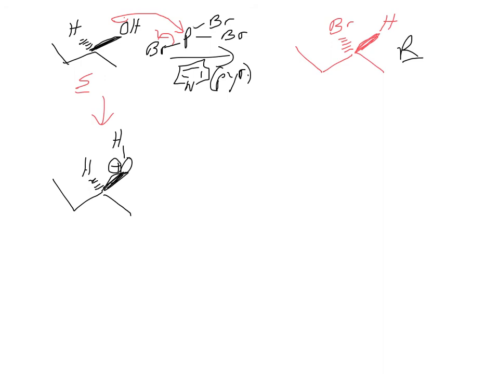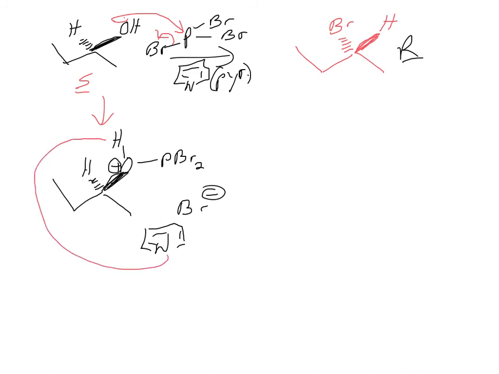So let's finish off what we got started here. PBr2 is on there, and we lost a Br minus, and the pyridine is of course floating around. The pyridine takes the H first. It doesn't matter if you do it in this order or not; you could have the Br minus attack the carbon first. It's up to you.